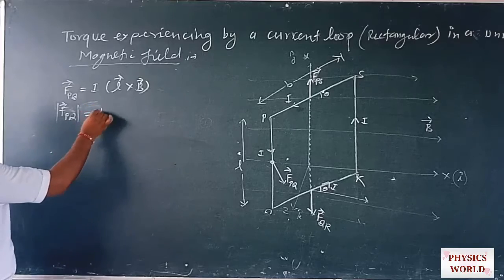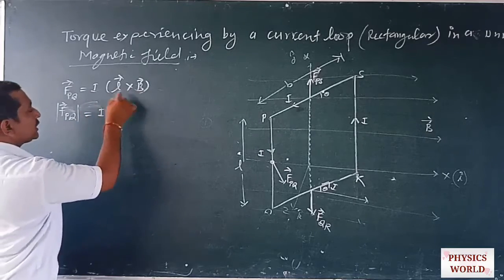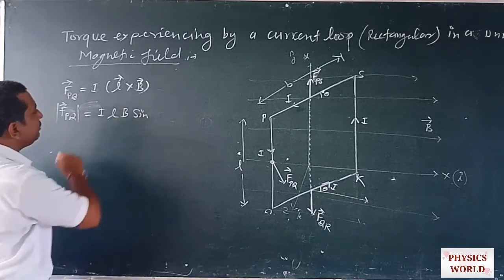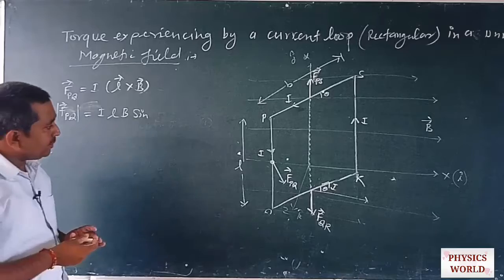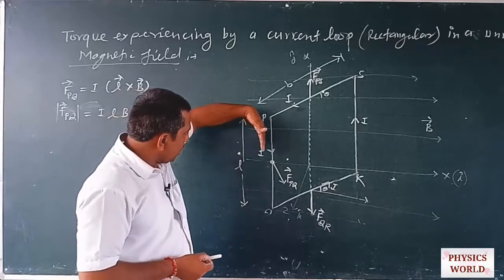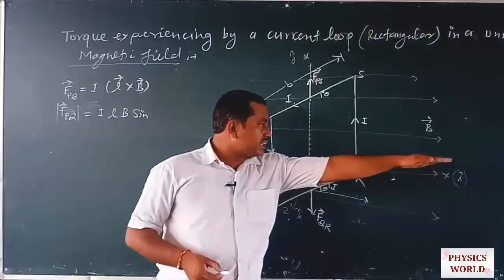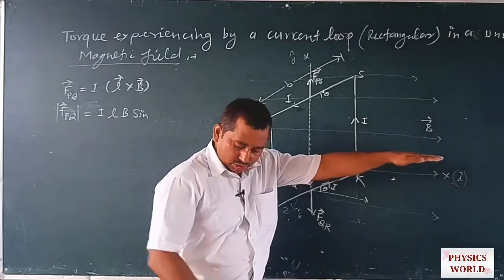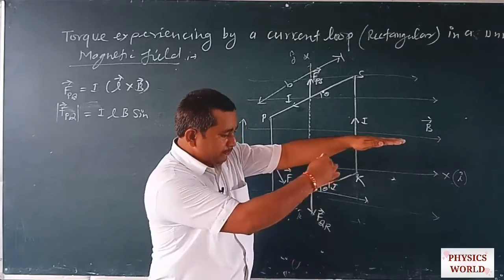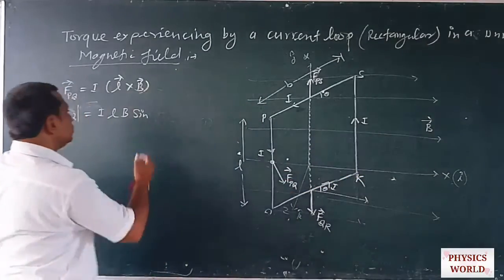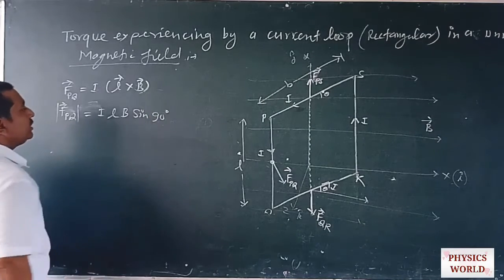We get I into L, B, sine of the angle between L and B, because L is acting downward and B is acting along the x-axis. So L and B make 90 degrees with each other. So we can write here 90 degrees.